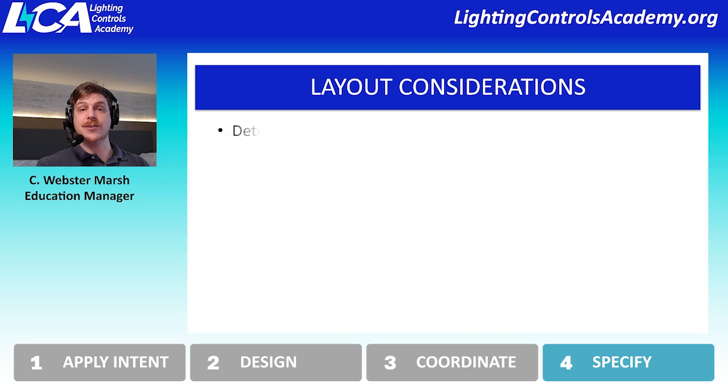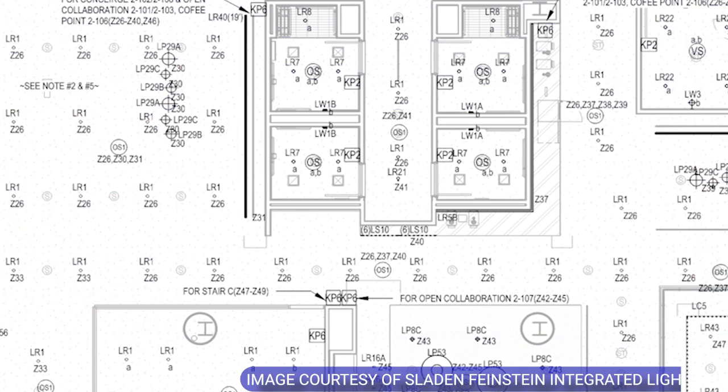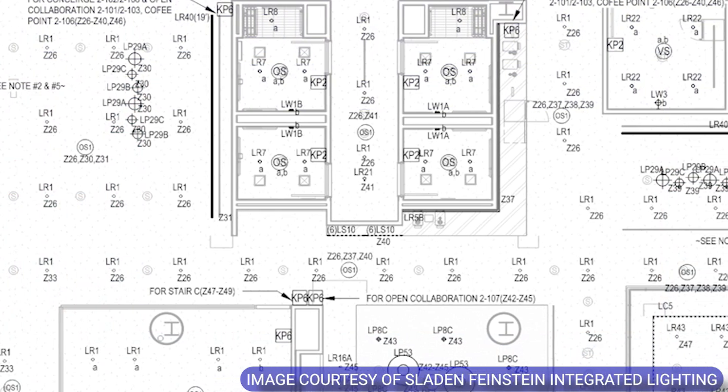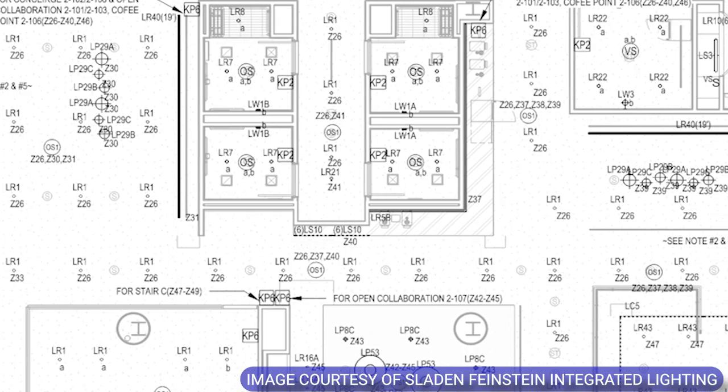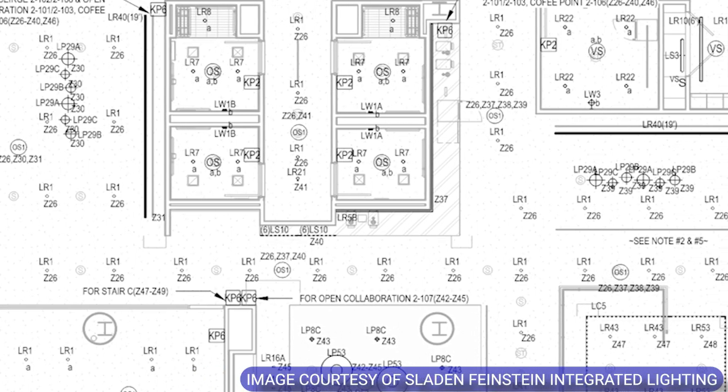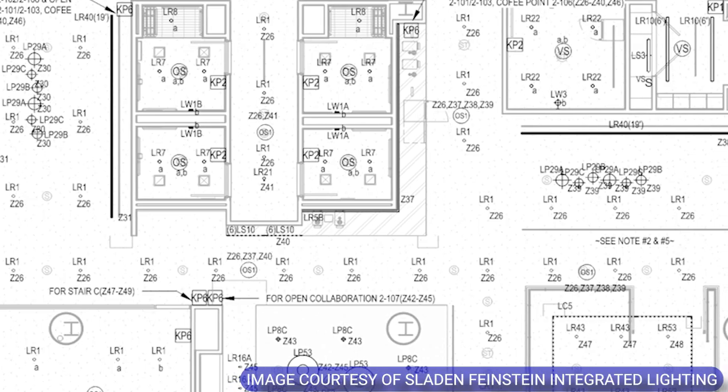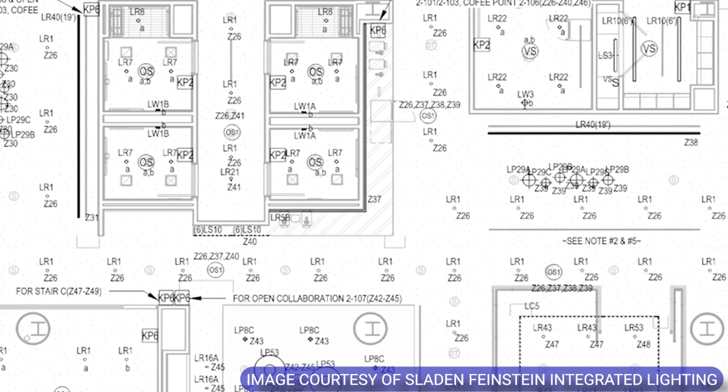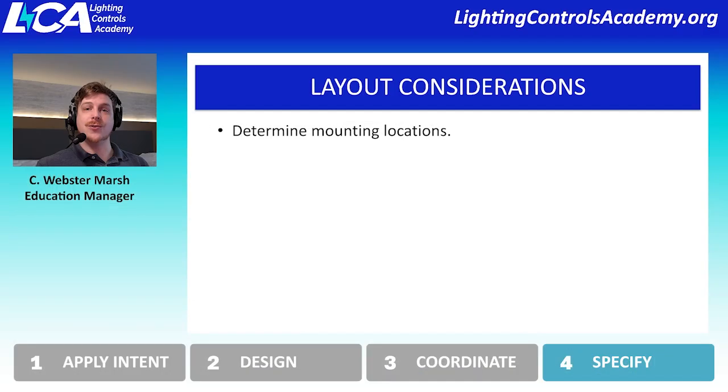Layout considerations. This is where we're going to determine where we're mounting everything. This is a really great opportunity to make sure that your mounting locations align with expectations. So you might want to do a device layout and show that you have a keypad in a specific location.